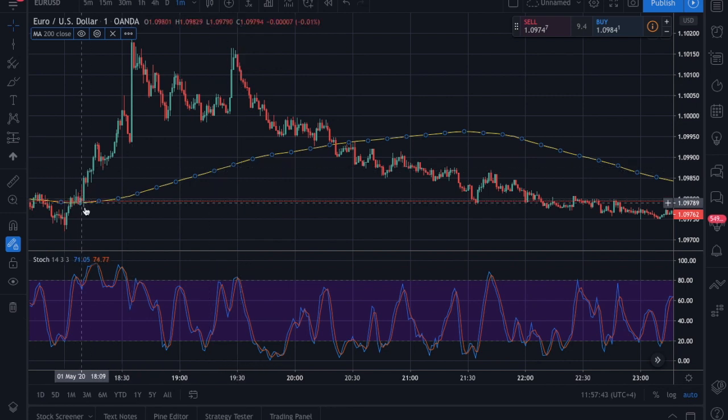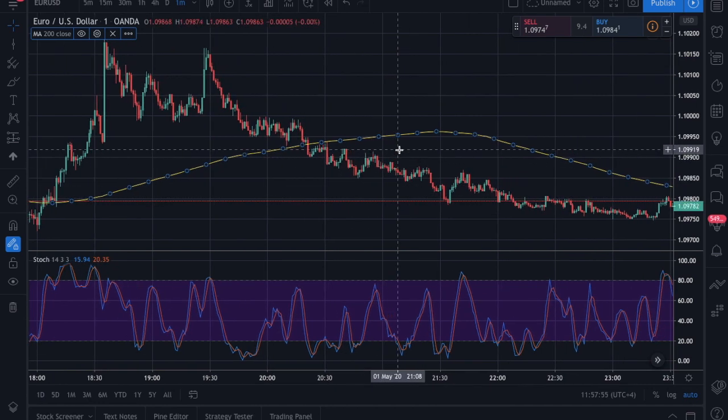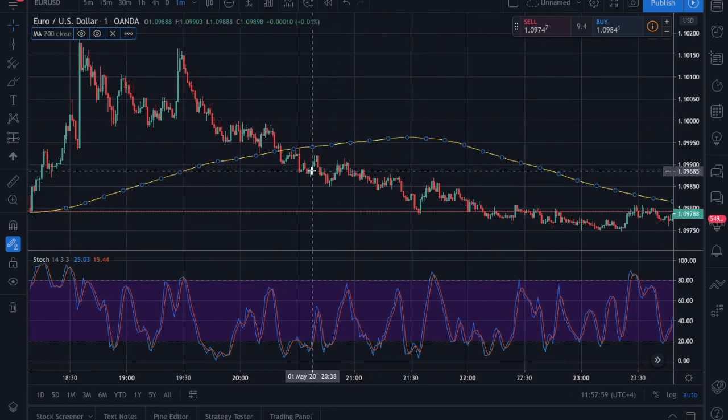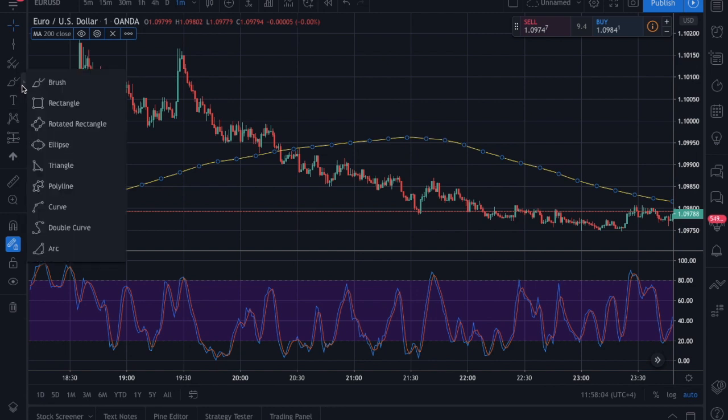If the candles are above the moving average line, that means it's a buy trend, it's going up. But if the candles are below the moving average line, that means it's a downtrend.